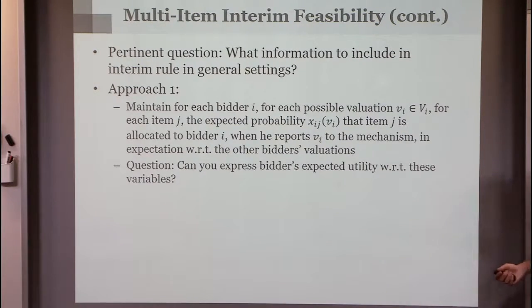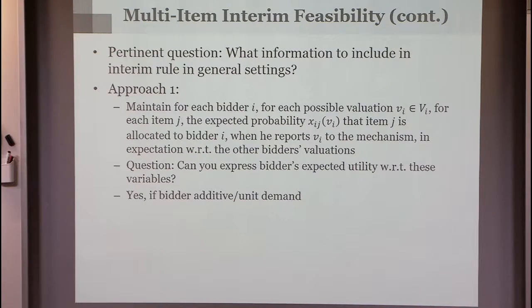And the question that arises is: is this good enough information to maintain in a multidimensional world? As you probably guess, it is good only in very special cases, for example, additive or unit demand bidders.